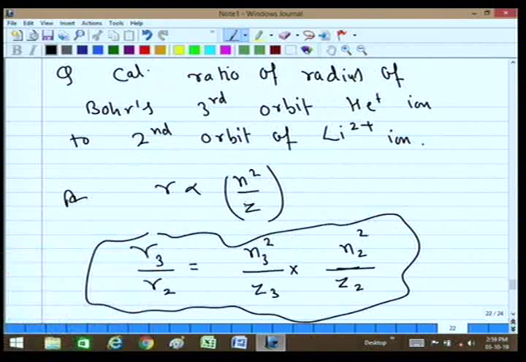Formula is n square by Z. Oh, wait. N square by Z. So this is your N2 square and this is your Z2. Okay, that's the point.